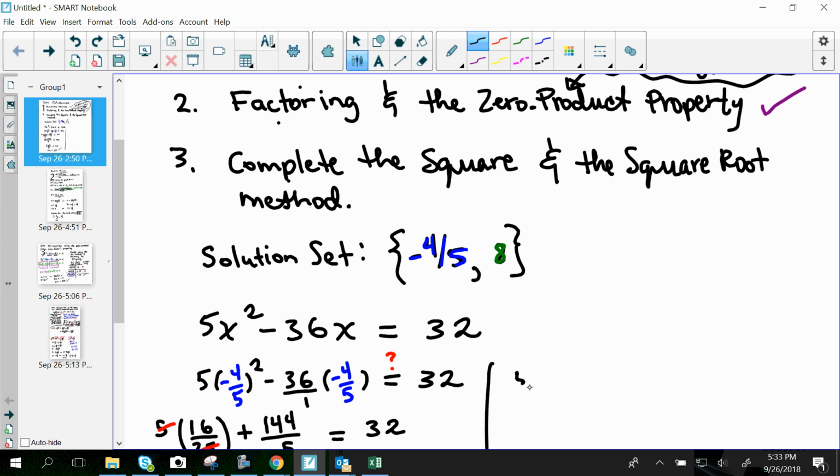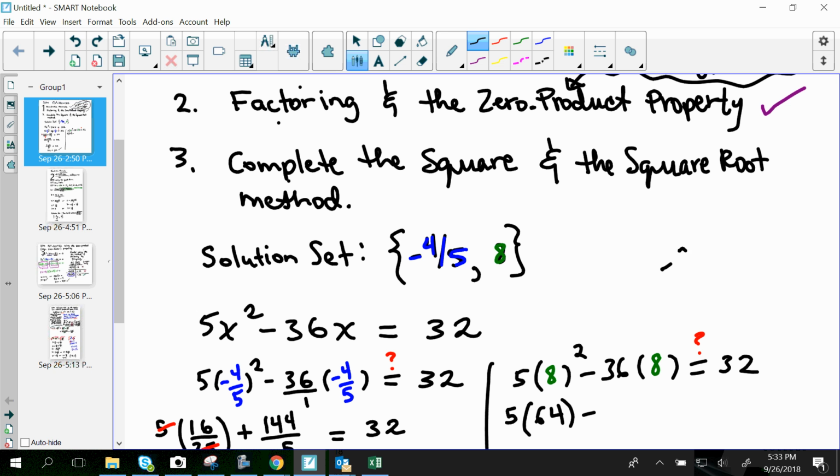So again, 5 times x squared minus 36 times x equals 32. Okay, we want to know if it does. When we plug in 8, so that'll be 5 times 64 minus 8 times 36. 8 times 30 is 240, 8 times 6 is 48, so 288.